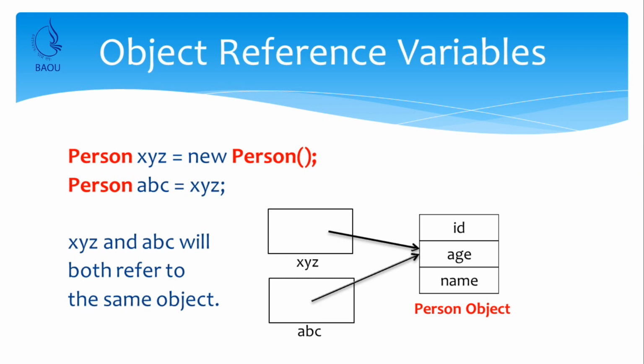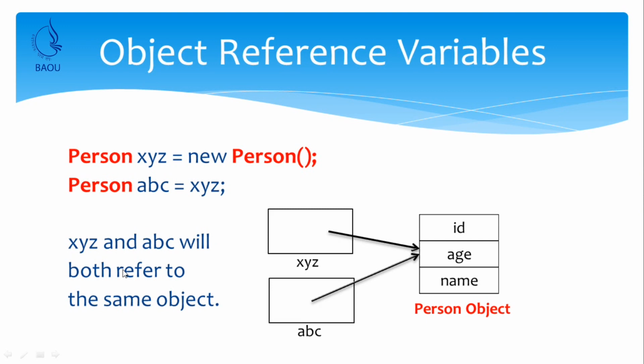As shown in screen, since XYZ is already created and assigned, when you write abc is equal to XYZ, it will not create a separate copy of this object, but it will only point to the object where XYZ is pointing. So, either XYZ or abc is the same thing whenever I write abc is equal to XYZ.